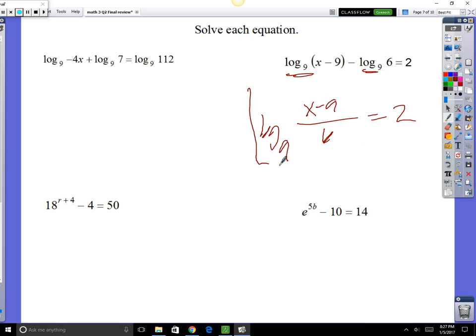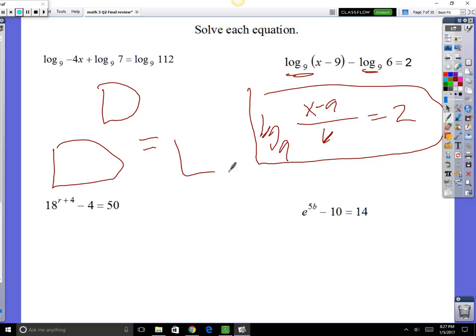So if you take this log and you express it as an exponent, there's going to be a base, there's going to be an exponent, and there's going to be what it equals. So kind of three portions. 9 is the base, 2 is the exponent, and this mess, x minus 9 over 6, is what it equals.